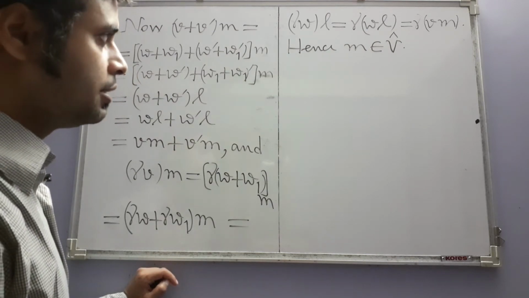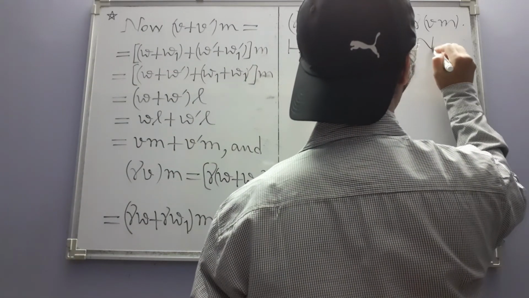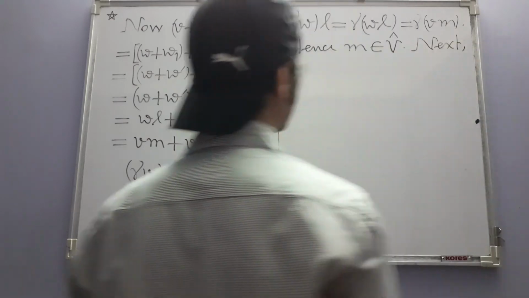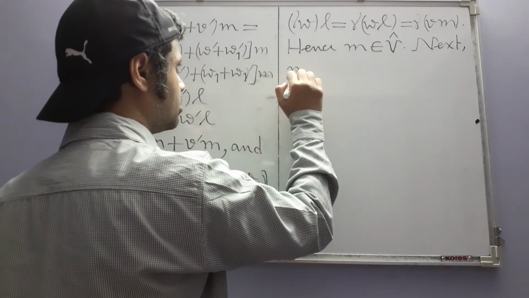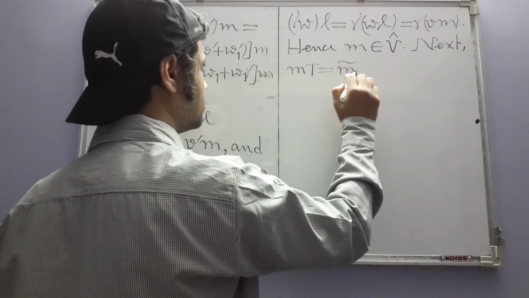Okay, but what is its T image? Next, the T image of M is by definition what?